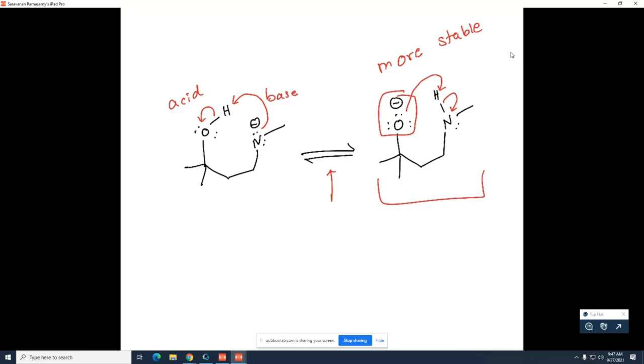When the product is more stable, the reaction would go forward. And you can check the pKa if you want. The pKa of alcohol is 16, the pKa of ammonia is 38. At 38 versus 16, this is still stable.